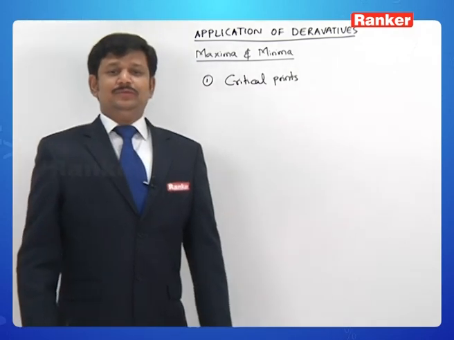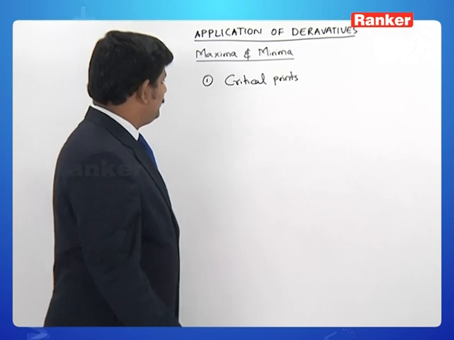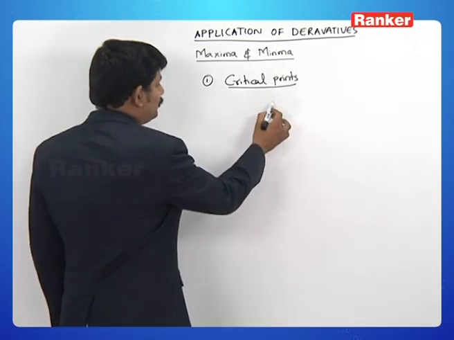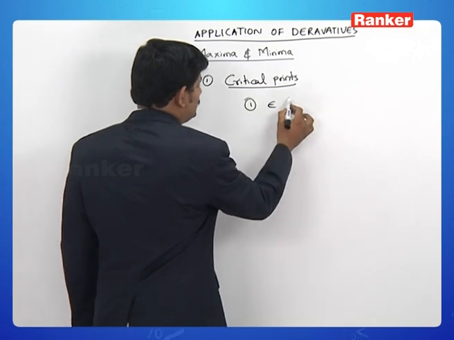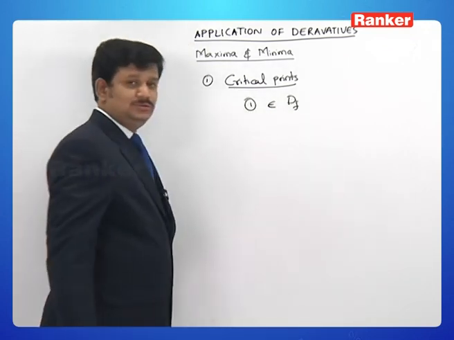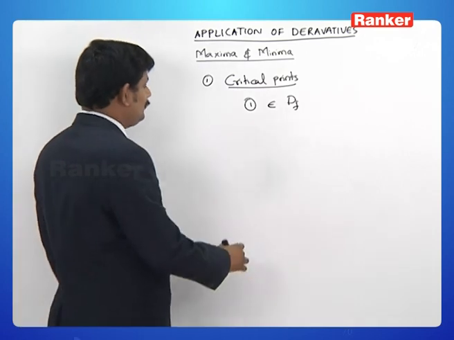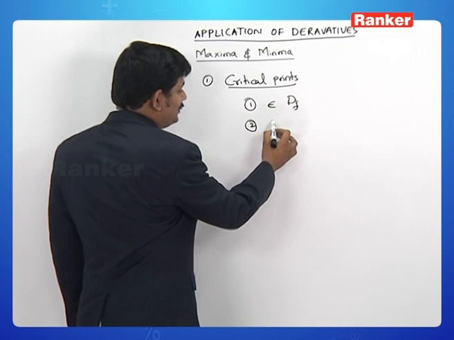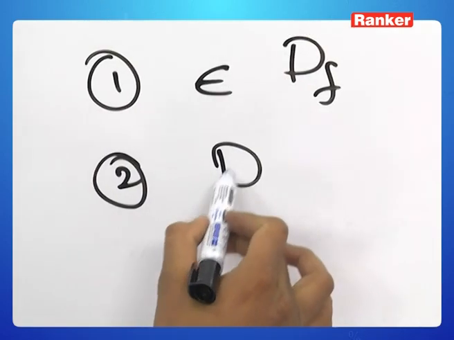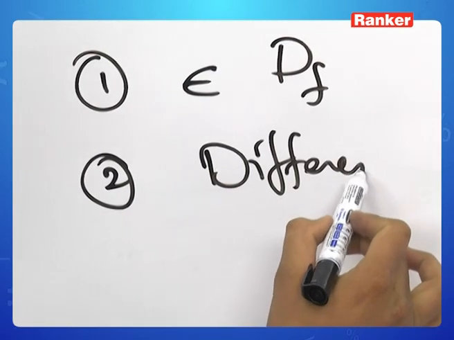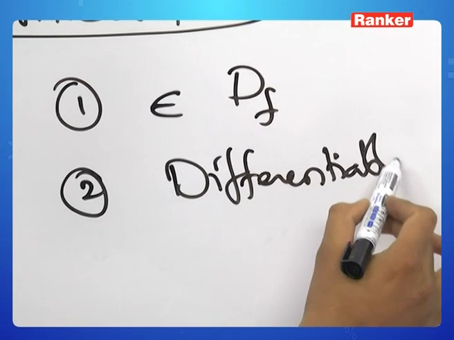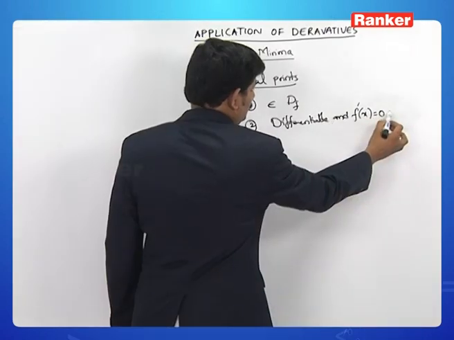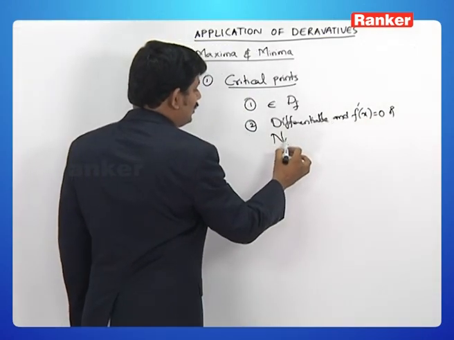Let us look at the definition of critical point. Critical points are the points which belong to the domain of the function. First and foremost, these points belong to the domain of the function, and at these points the function is either differentiable but the derivative is equal to 0, or the function is non-differentiable.